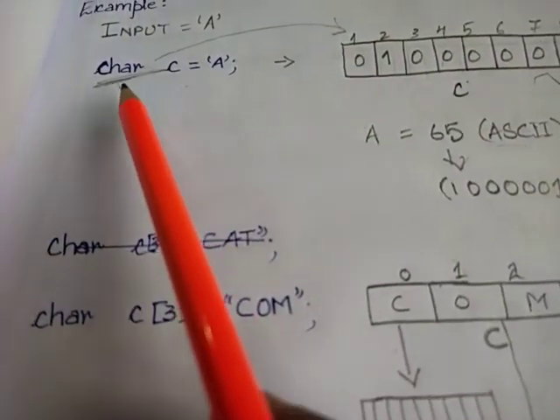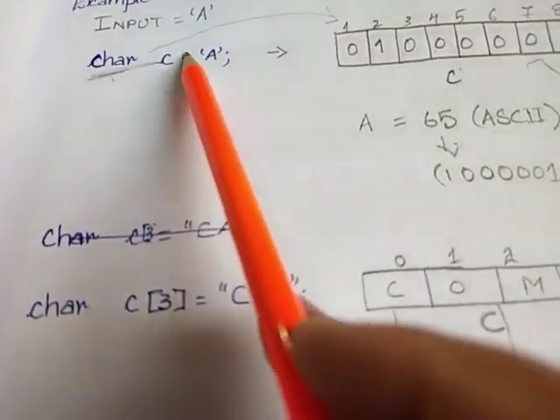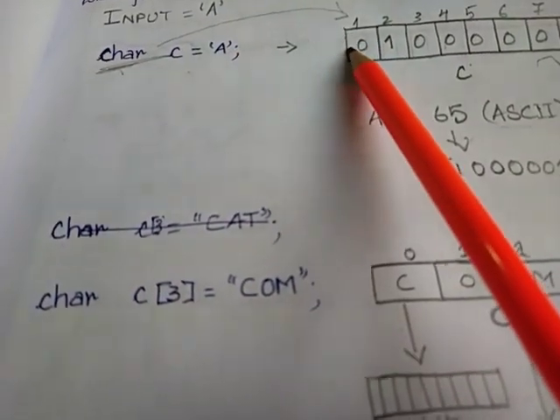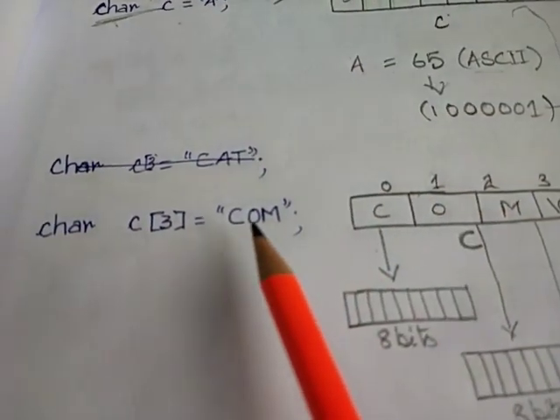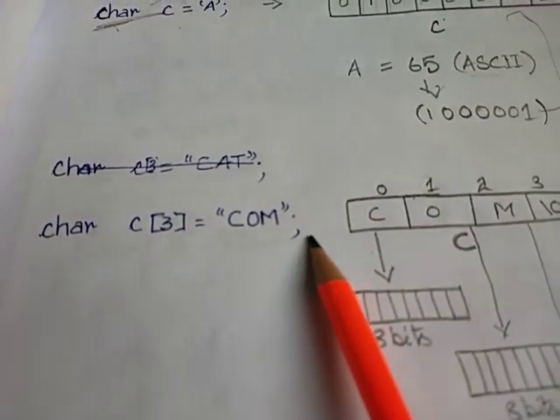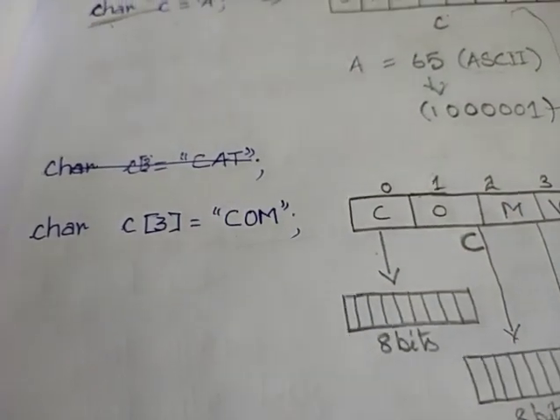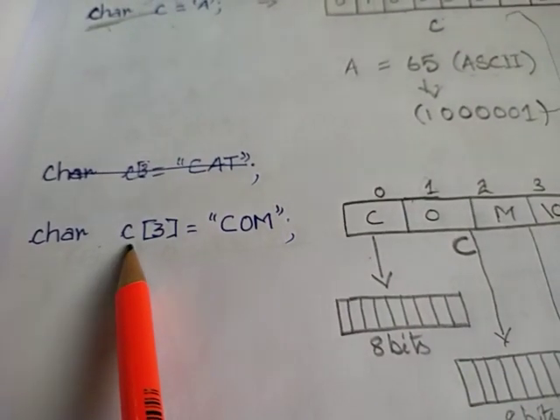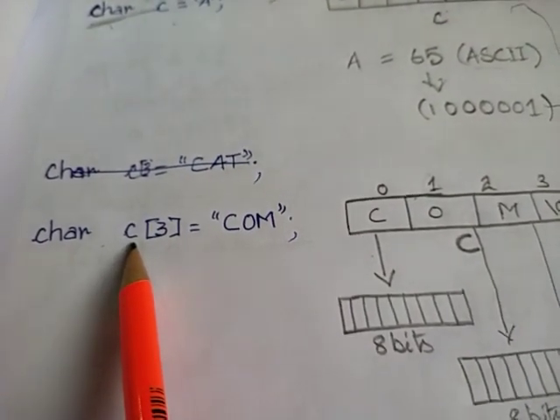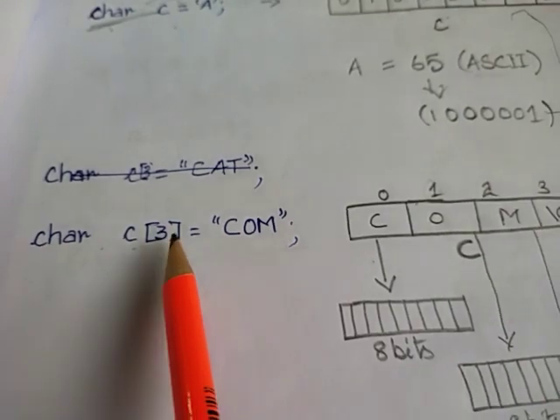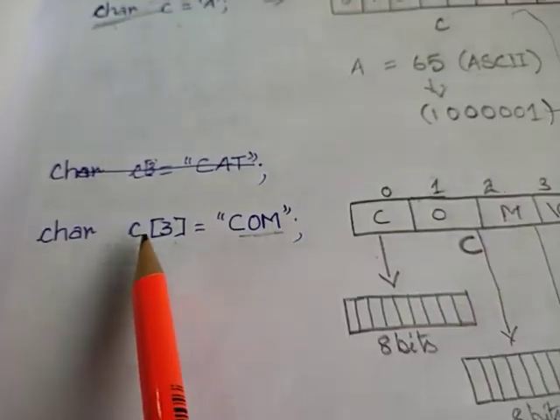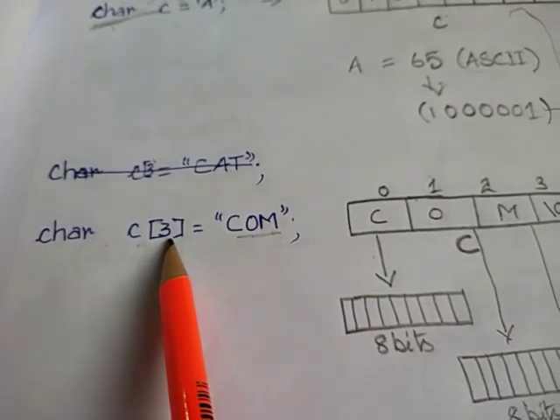Over here I declare char C. This char over here will reserve only 1 byte. But because I'm going to input 3 characters, the declaration will be what? Char followed by the name of the variable, that is C, and the size. Since I'm going to input 3 characters, I mention over here 3.